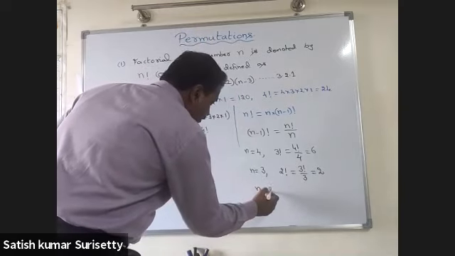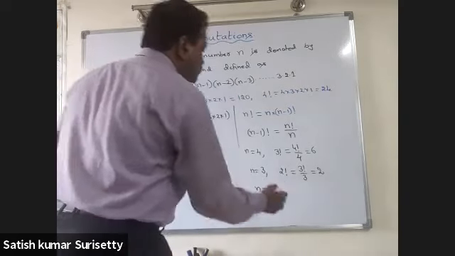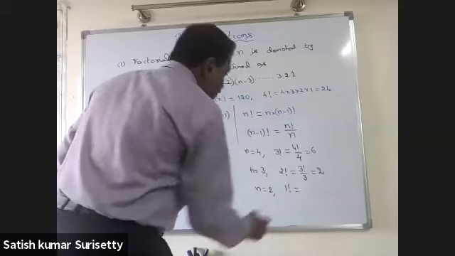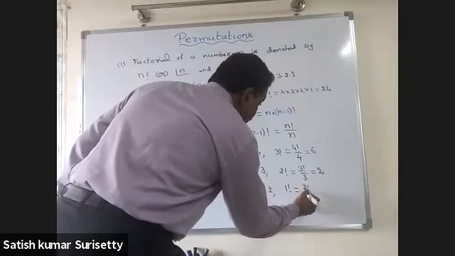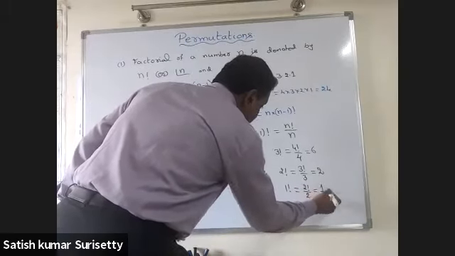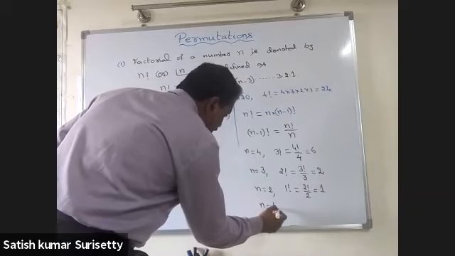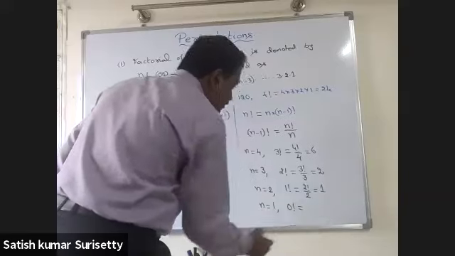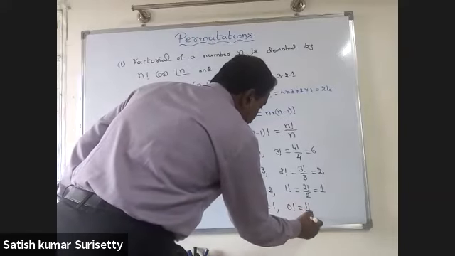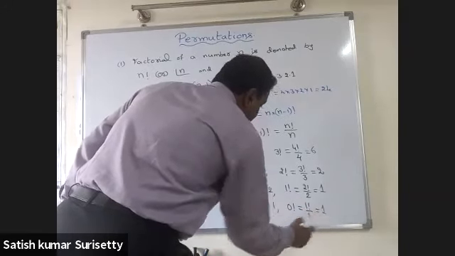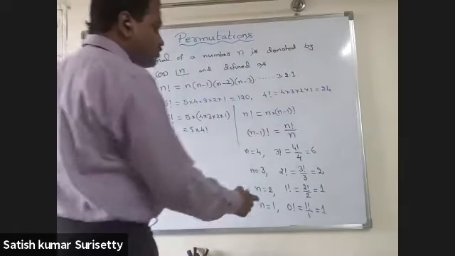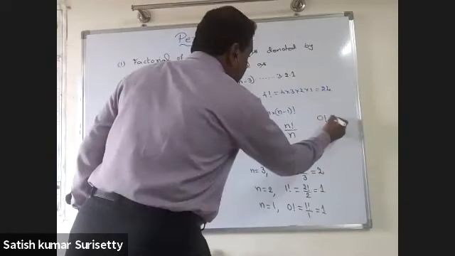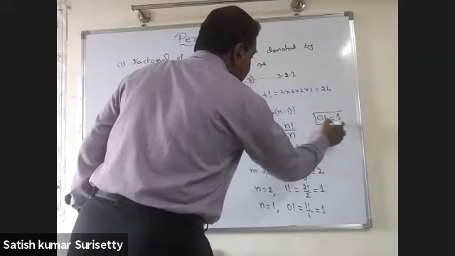When I take n equal to 2, 1 factorial equals 2 factorial upon 2, which is 1. When I take n equal to 1, left side 0 factorial equals 1 factorial upon 1, which is 1. This is one way of explanation of showing 0 factorial equal to 1.